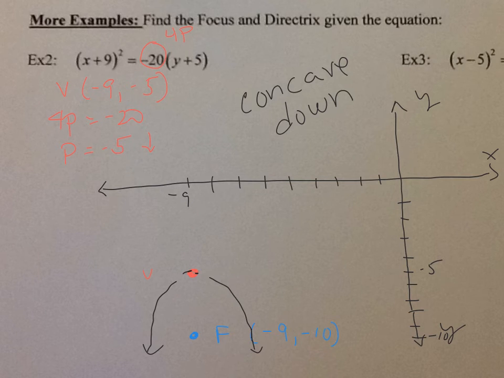So if I'm here at -5, I have to go up 5. 1, 2, 3, 4, 5, which actually puts me on the x-axis. That's where my directrix is, and the equation for the directrix is y equals 0.